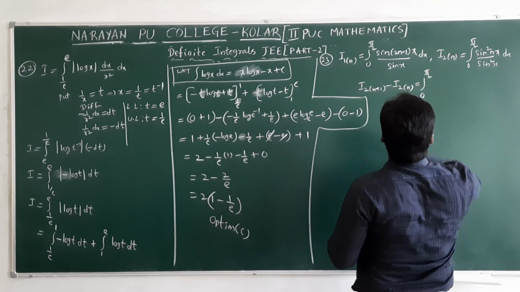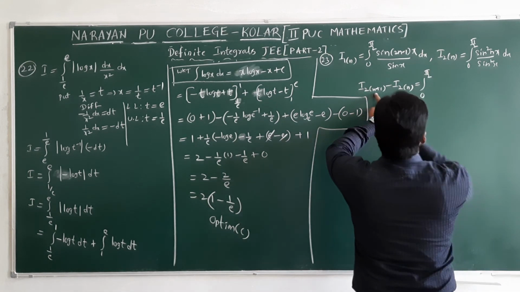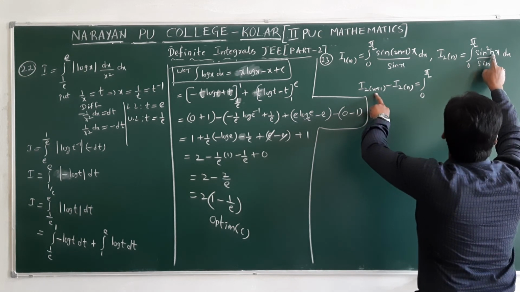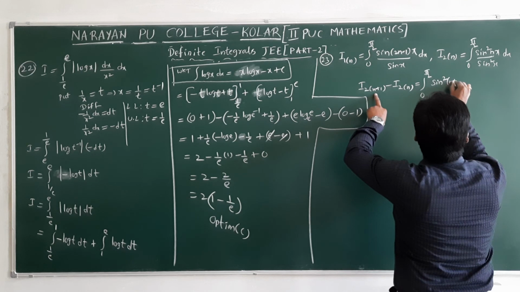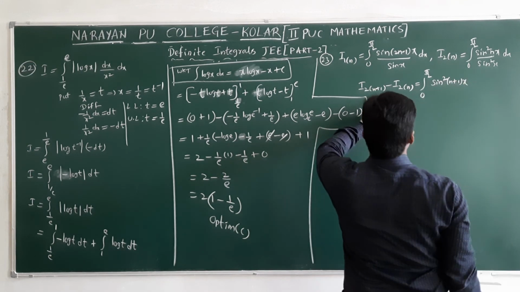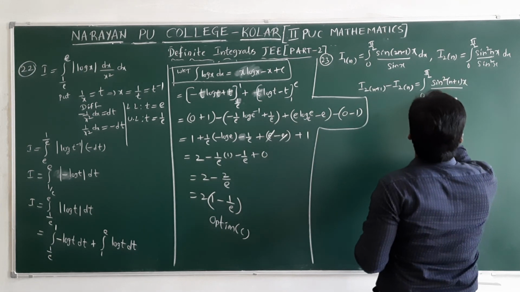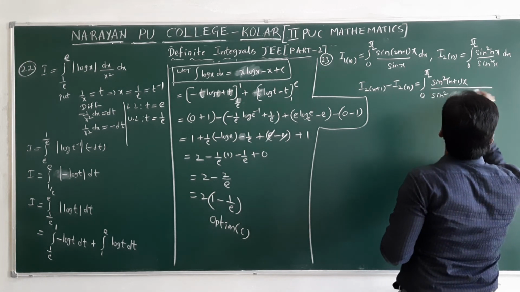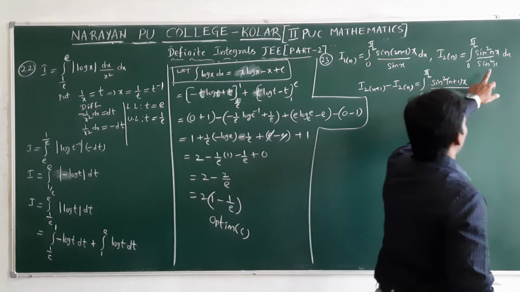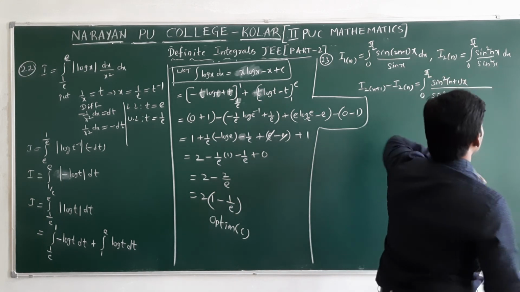I2 of n plus 1 minus I2 of n, integral 0 to pi by 2. Now I2 of n plus 1 means in the place of n we will substitute n plus 1: sin square of (n plus 1)x by sin square x. The denominator is not changing because n is not present.